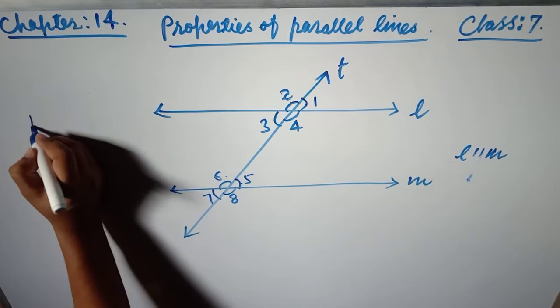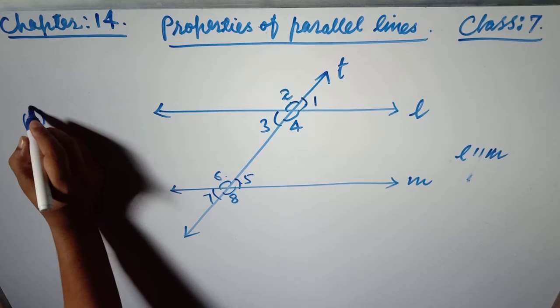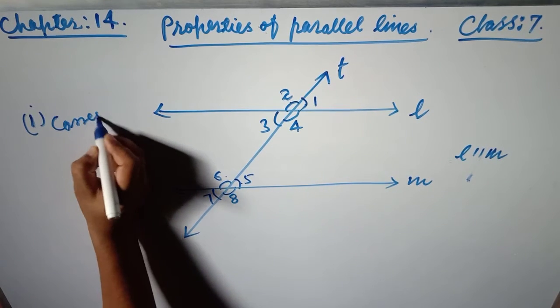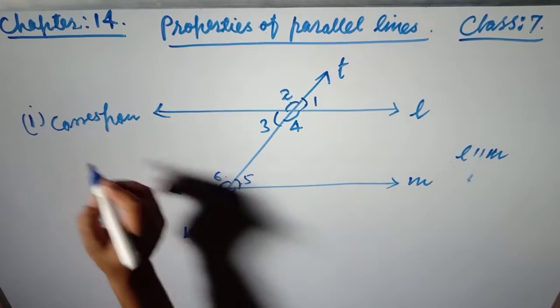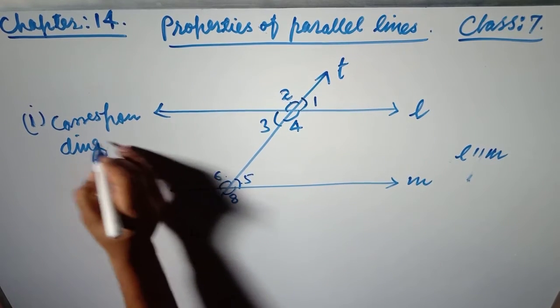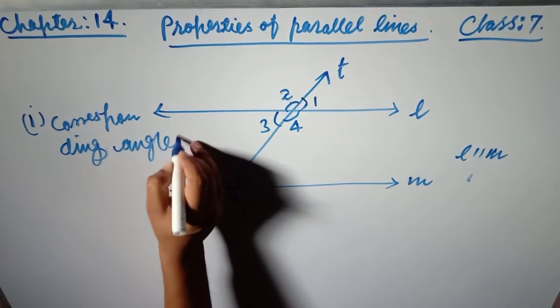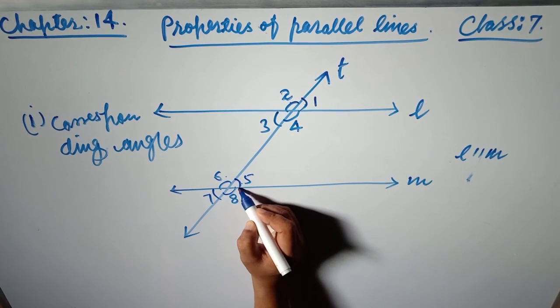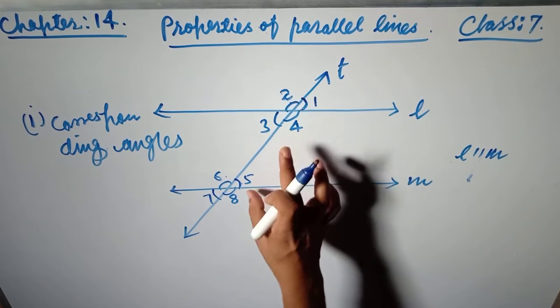The sub points related to this point: first, corresponding angles. Now friends, corresponding angles. Look at friends, angle 5 and angle 1 are corresponding angles.